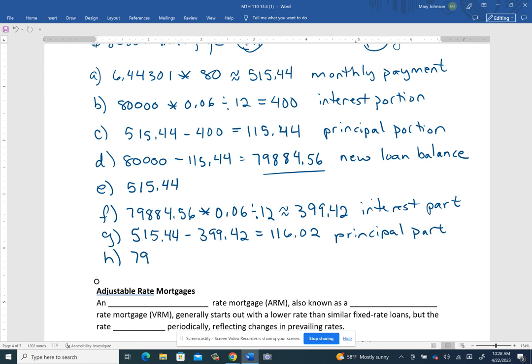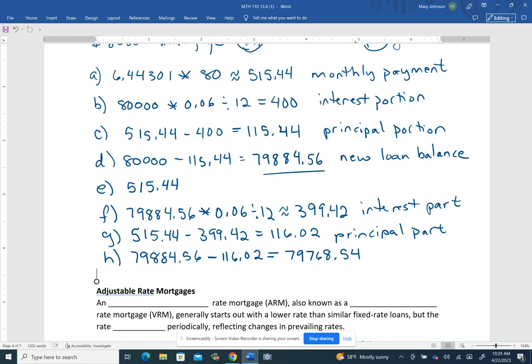So at the start of that payment period, you owed this much. Now 116.02 is going to be subtracted from it, and you'll be down to only owing $79,768.54. Okay. All right, so I just wanted to run through a couple of those for you.